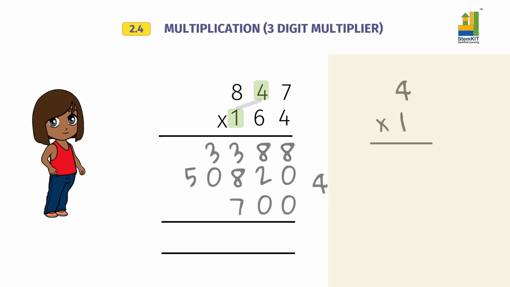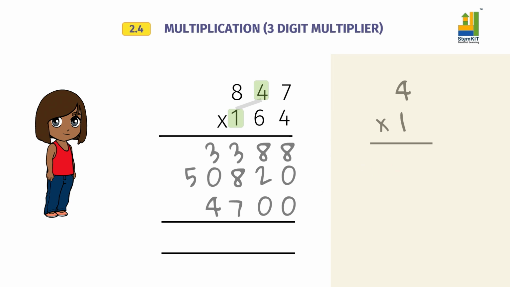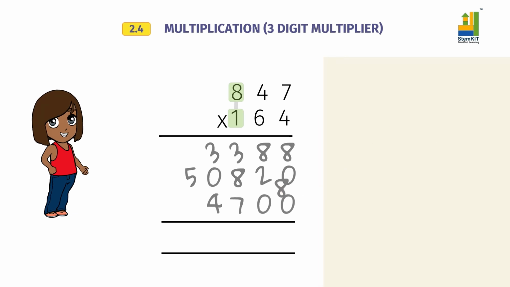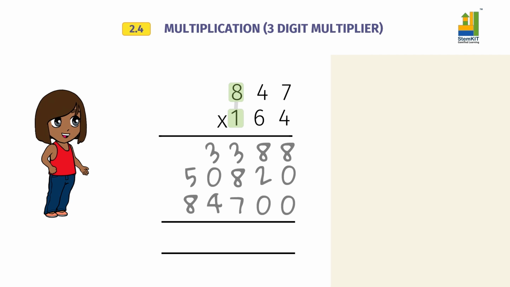We write 4. Eight into 1 equals 8. We write 8. Now that we have multiplied all 3 digits of the multiplier, let us add.